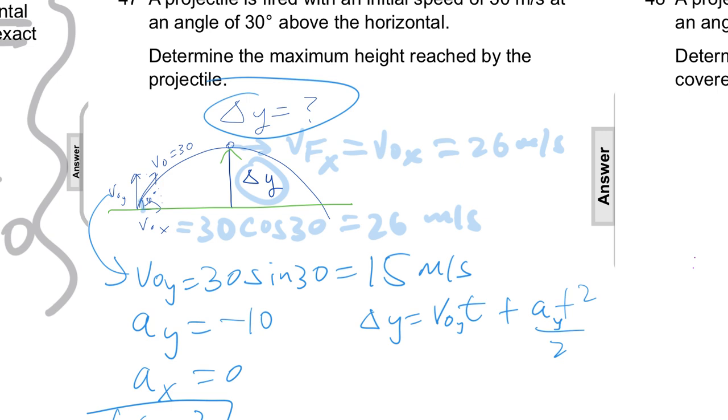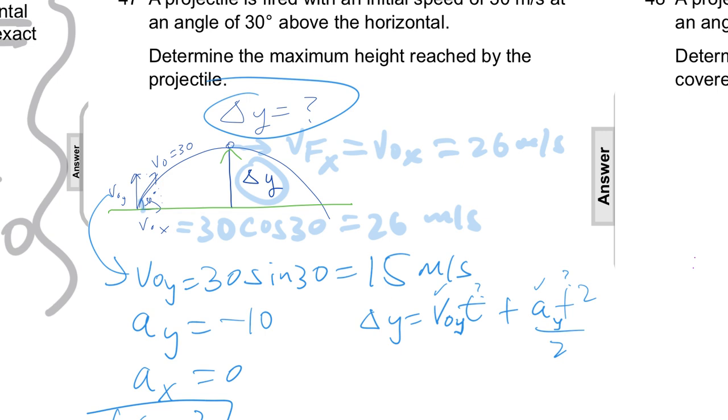I have VOY, I don't know what T is. I have AY. I could solve this using the quadratic formula, but I don't really feel like doing it that way.